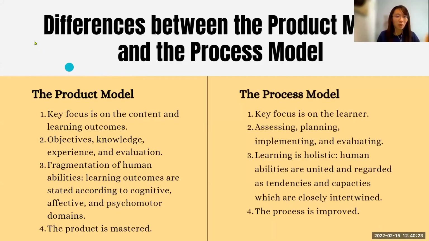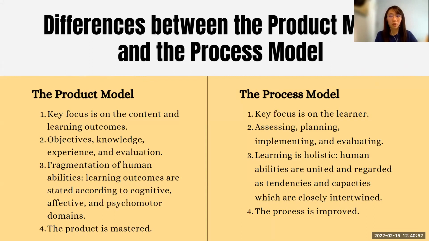So next, we will look at the differences between the product model and the process model. From what Shubha has presented earlier, we can see some very obvious differences. Firstly, the key focus of the product model is, of course, on the content and the learning outcomes, because behavioral objectives are set prior to planning the lesson.